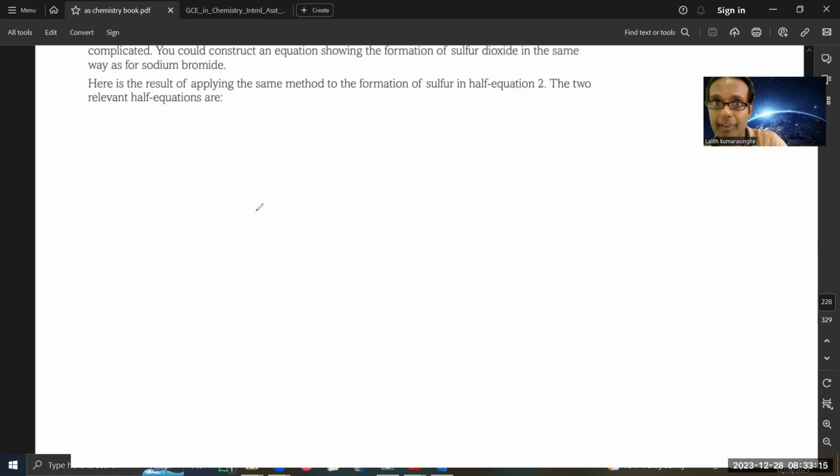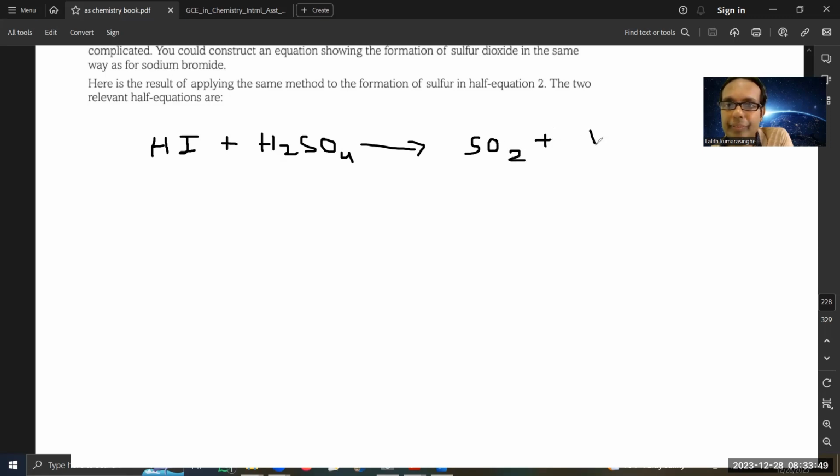Then I'll take hydrogen iodide straight away, and it will have all three equations. Hydrogen iodide will react with sulfuric acid to produce sulfur dioxide and water.